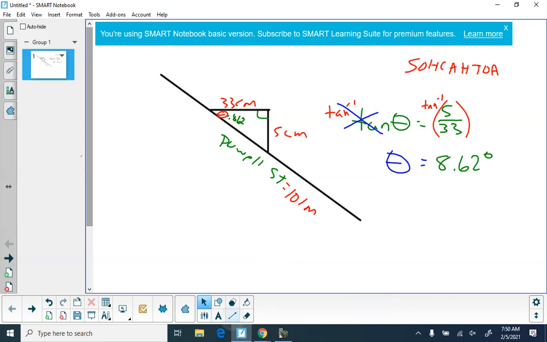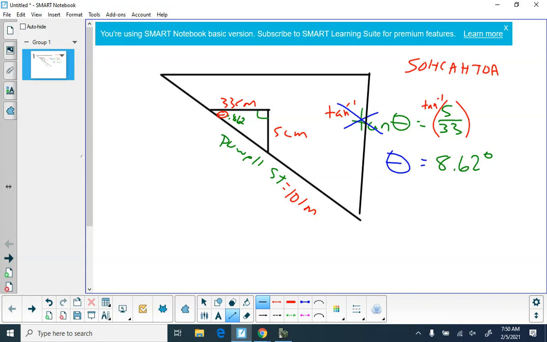She wants to know how far vertically she went. So we've just expanded this triangle.